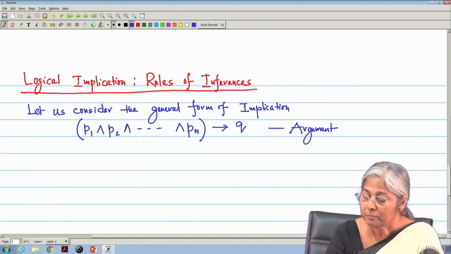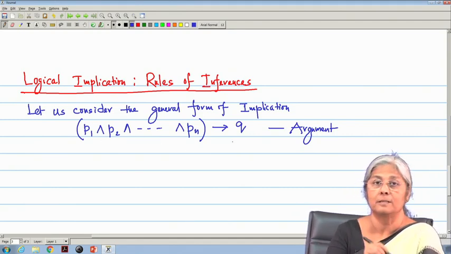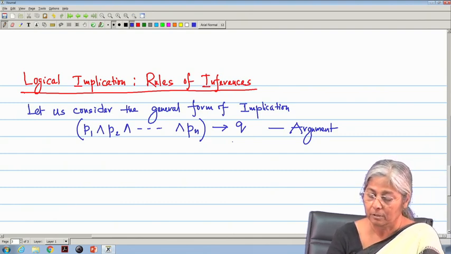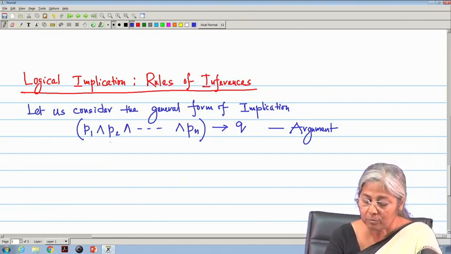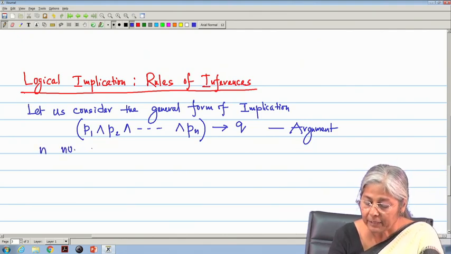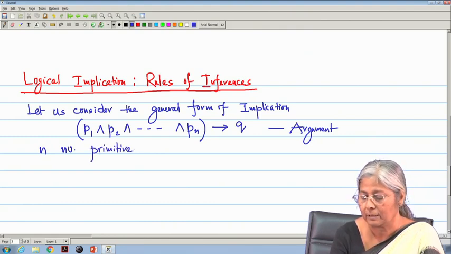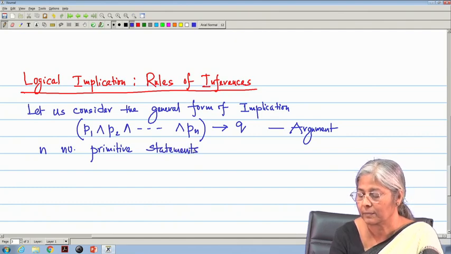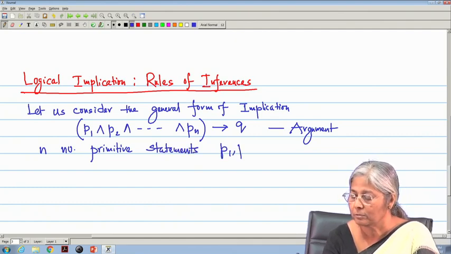If we explain this implication or argument, we have n primitive statements, where n is a positive integer, P1 to Pn.